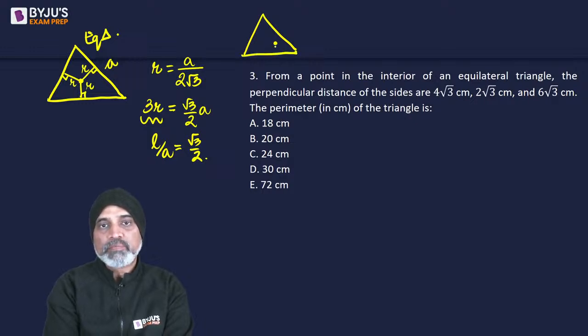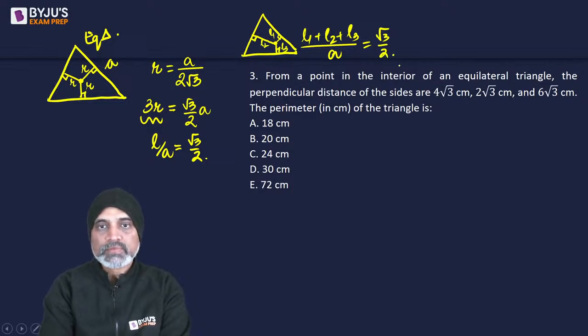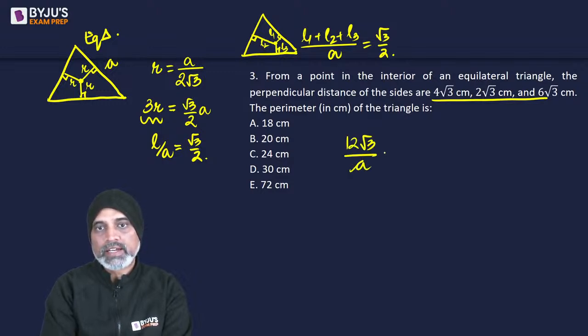If I take a random point and call the lengths L1, L2, and L3, then the sum of L1, L2, and L3 upon the side of the triangle is given as root 3 upon 2. As per the question, the sum of the three is 12 root 3 upon side, and this is given as root 3 upon 2. So this side will turn out to be 12 into 2, 24.